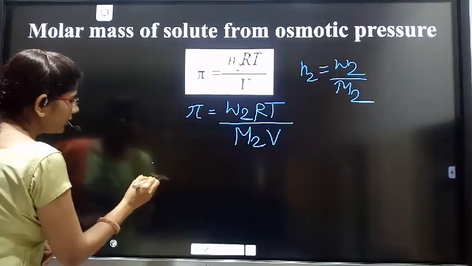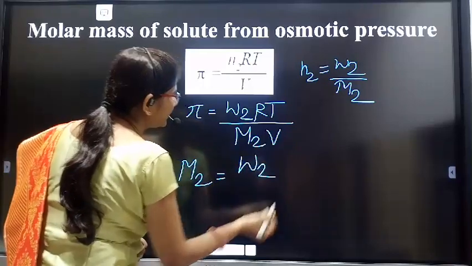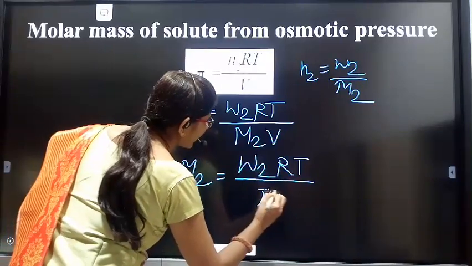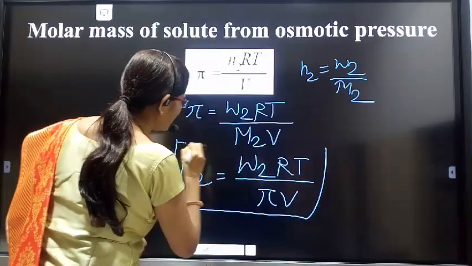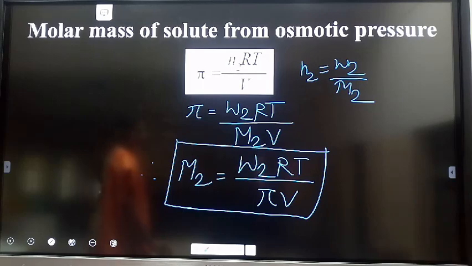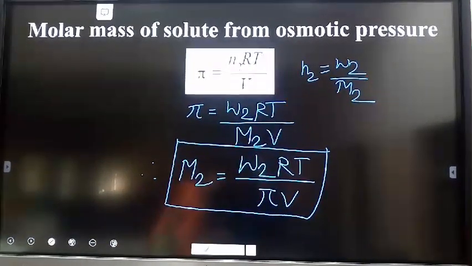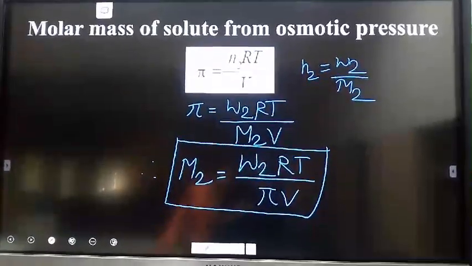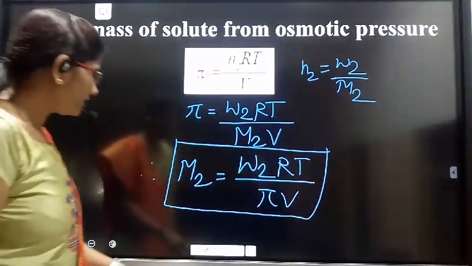Therefore for M2, if we rearrange this equation, we get M2 equals W2RT divided by pi V. So this is the relation between molar mass of the solute and the osmotic pressure pi.